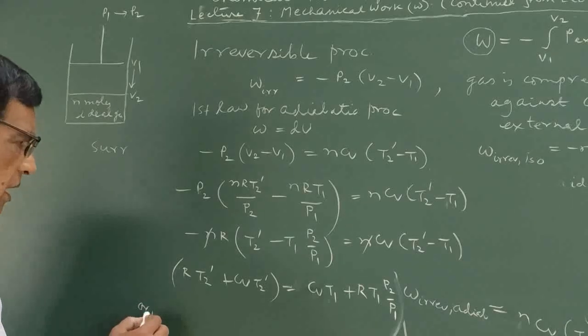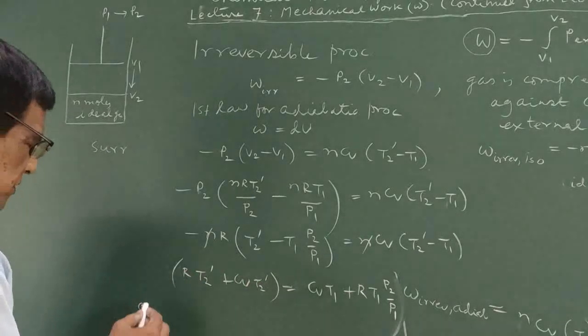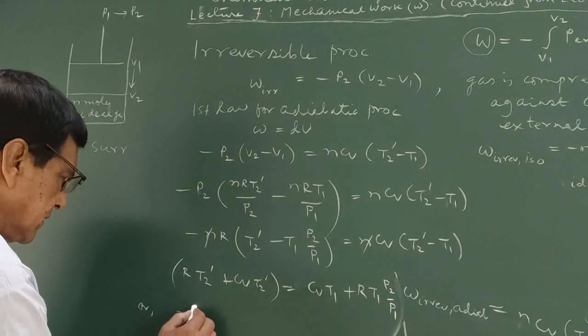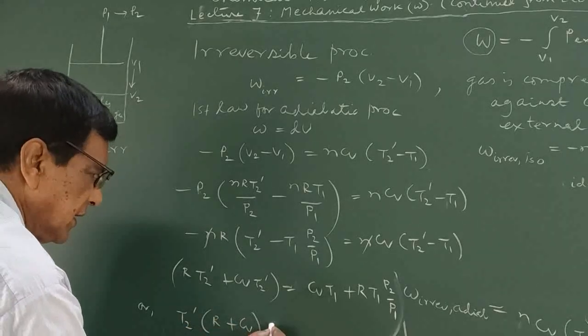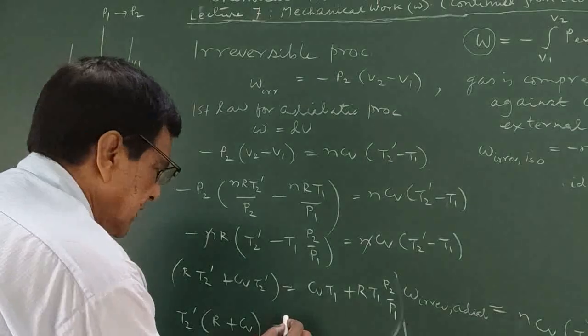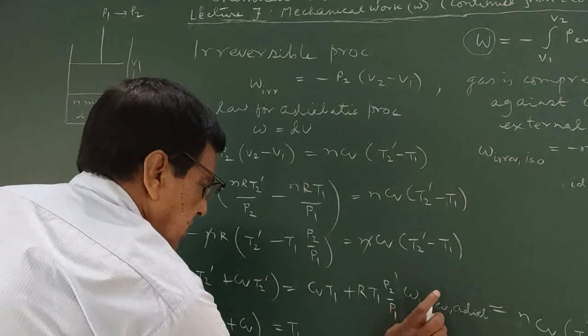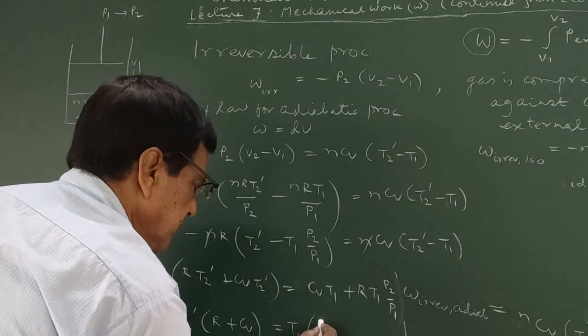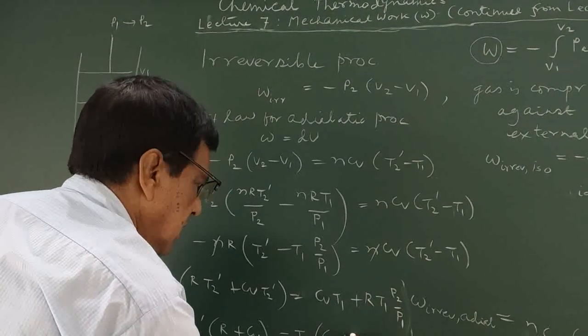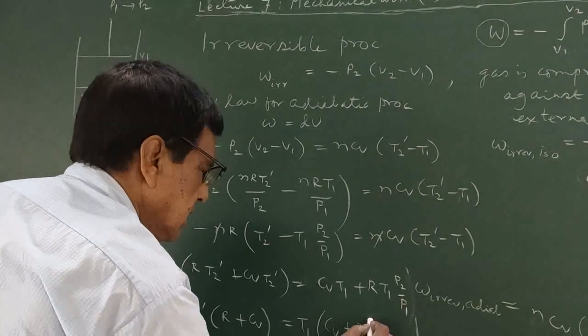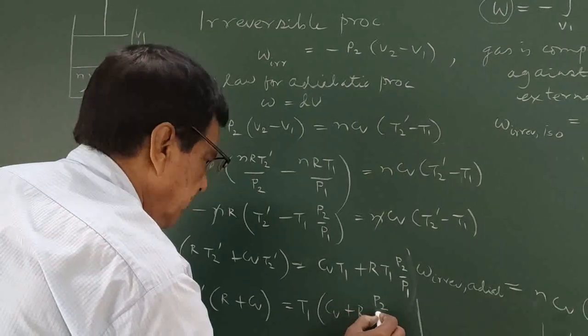Or I can take this T2' common, and here R plus Cv equals, here T1 gets common, and Cv plus R into P2 by P1.